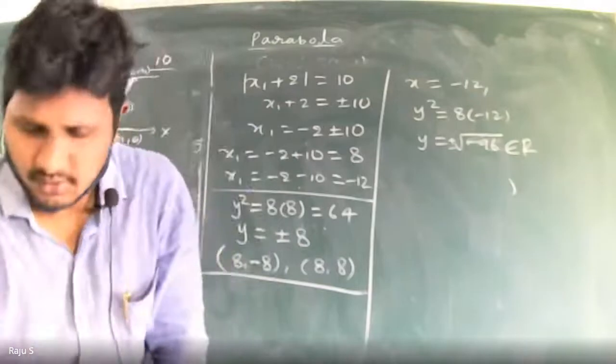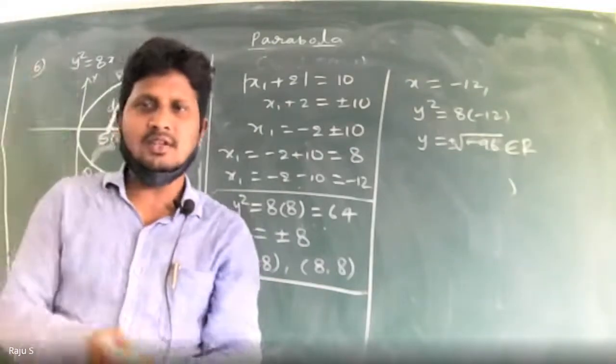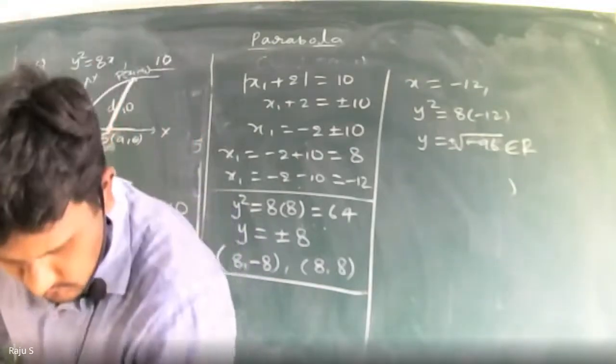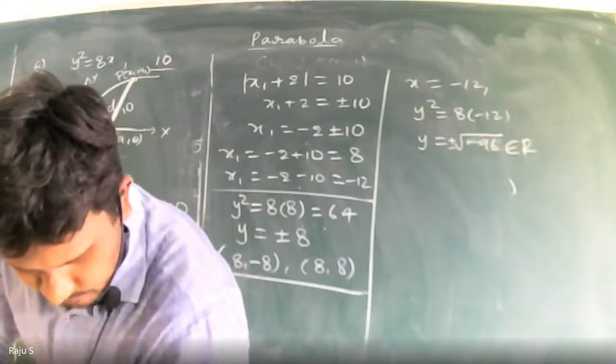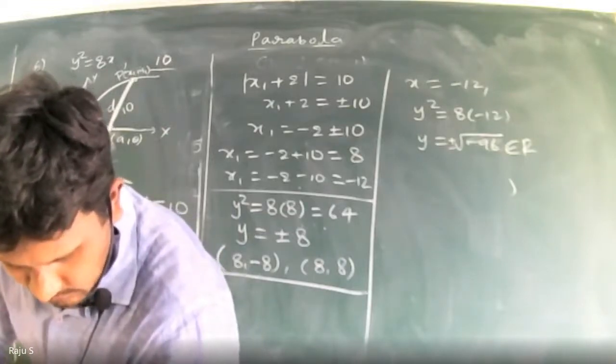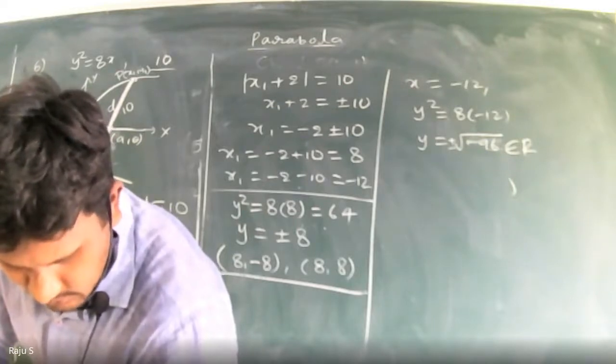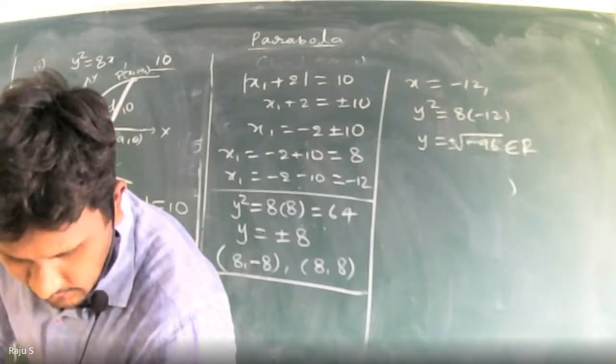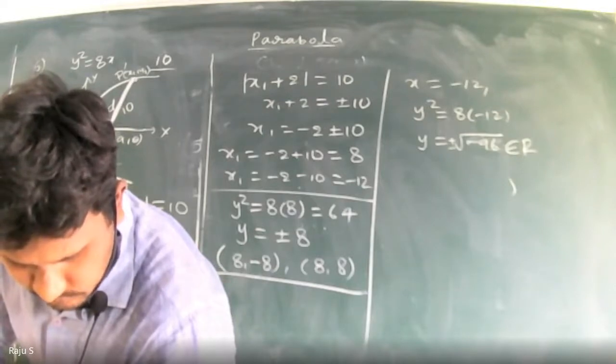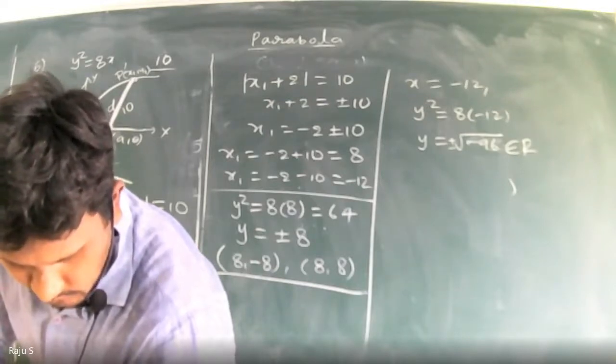That is also very easy. The given length of the double ordinate of the parabola, the angle subtended at the vertex is. So what is that angle they are asking?